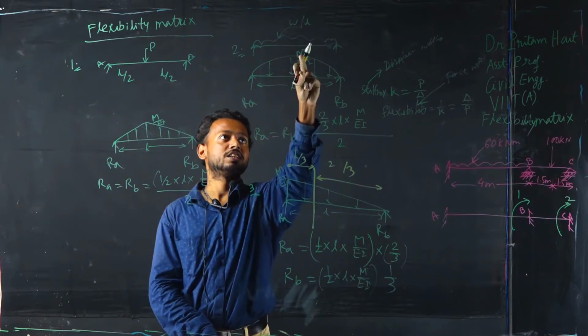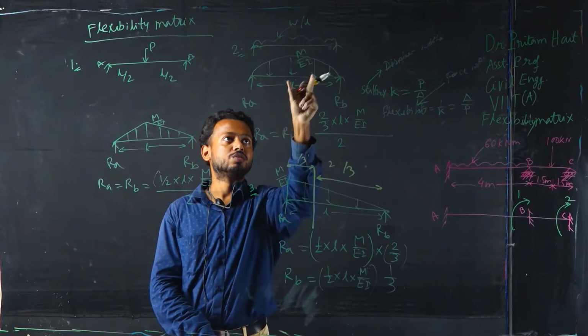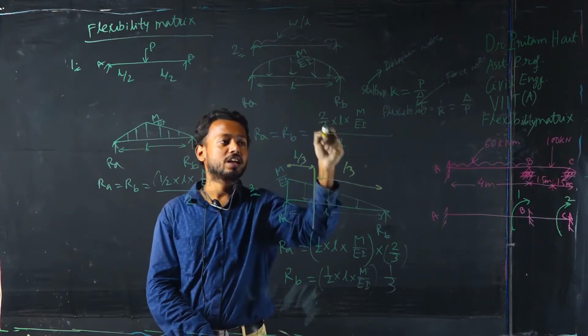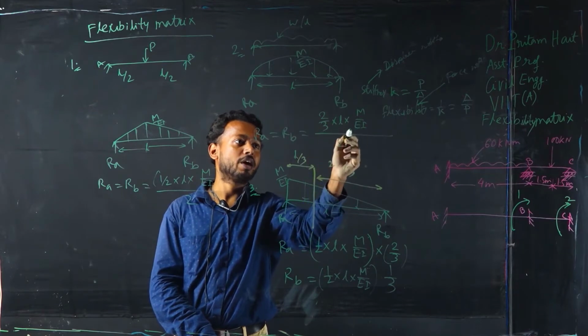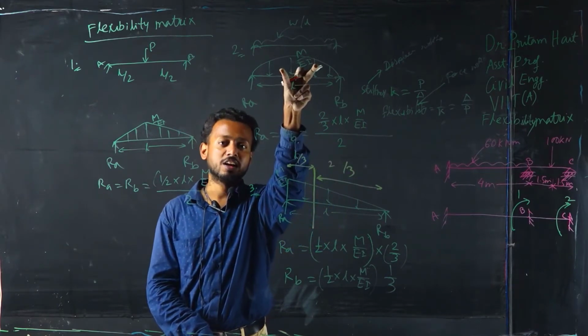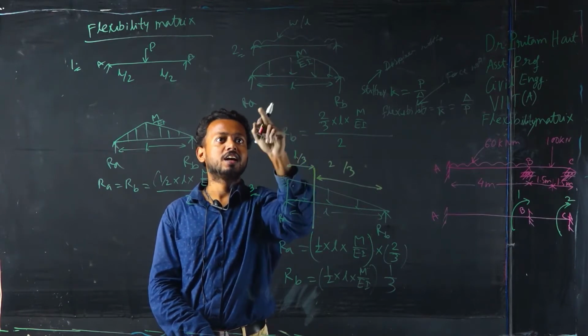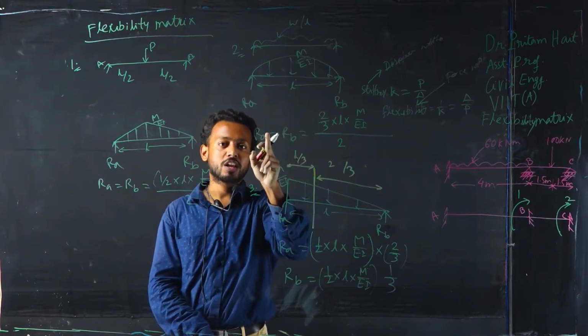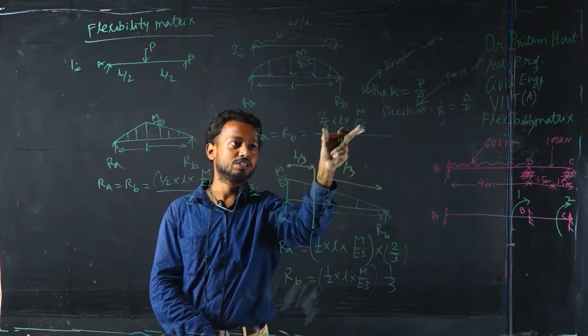This is L, this is M by EI. So 2/3 of this rectangle will be the area of the parabola. So 2/3 into L into M by EI will be the total area of the parabola, and RA and RB you have to calculate. So divided by 2, you will get RA equals RB equals this divided by 2.